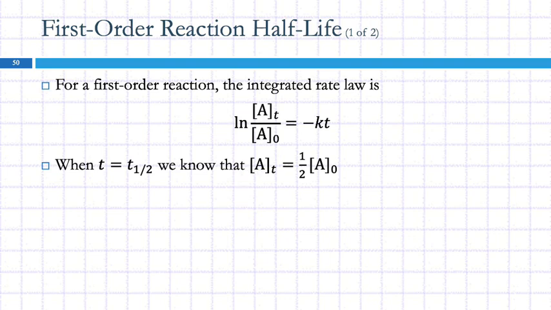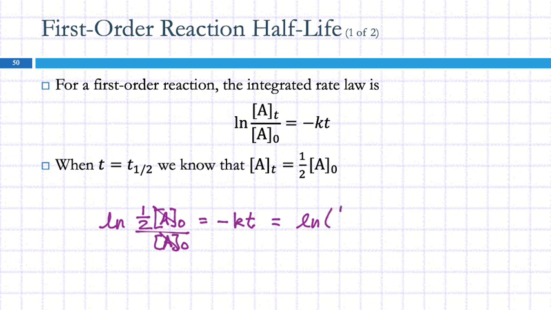So we can plug that in here, natural log. So if the concentration at time t is 1/2 of the concentration at time 0, and that is equal to negative kt. Well, now we only have a 0 here, and those are going to cancel out. So the negative kt is equal to the natural log of 1/2.